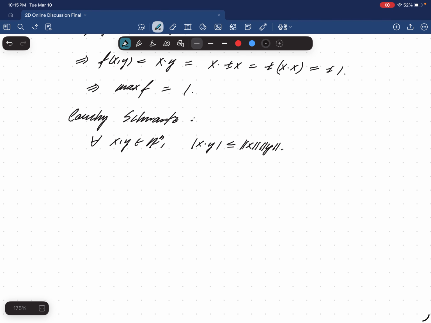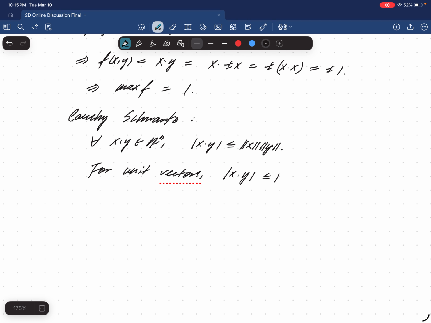Notice that we showed that for unit vectors, the Cauchy-Schwarz inequality is true.